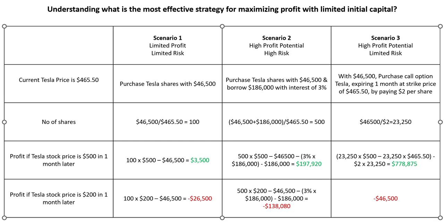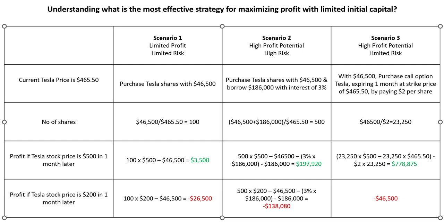So you have purchased a call option of Tesla at $465.50. So you would exercise the options on hand, which means that you buy 23,250 shares at $465.50.